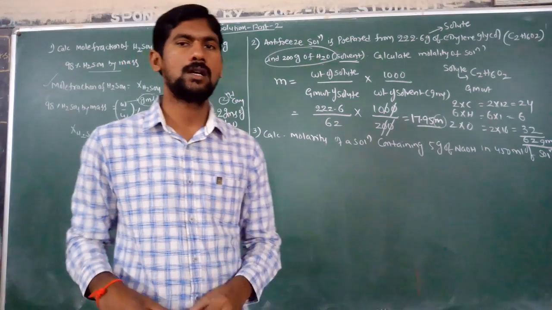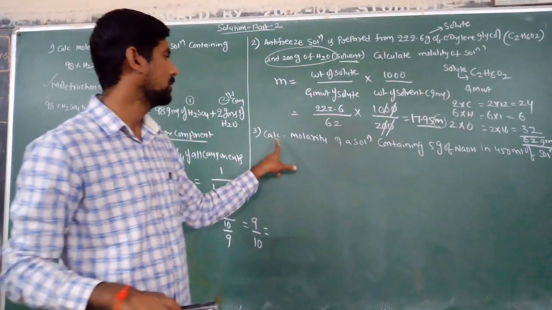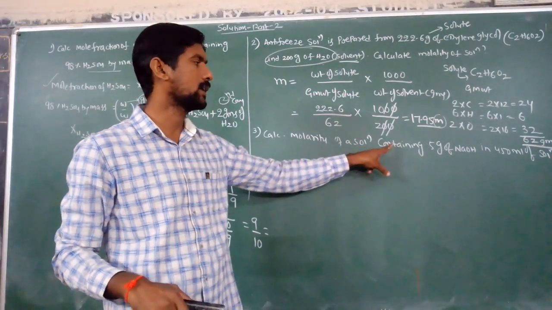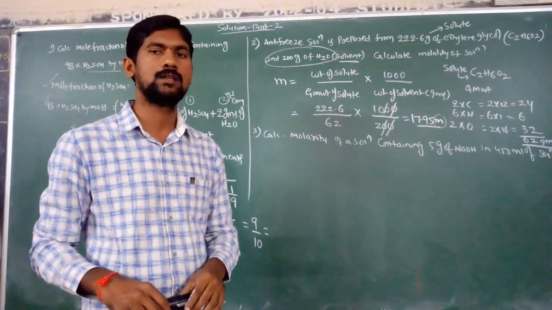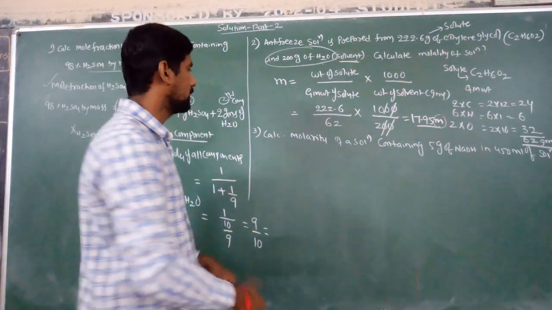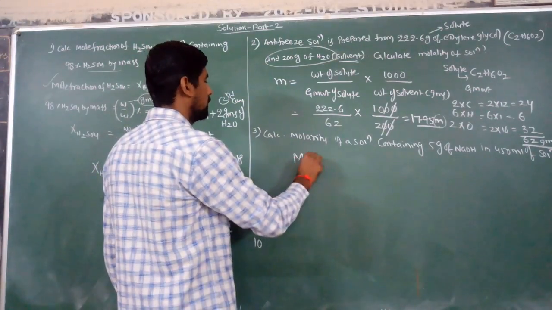Then coming to the third problem: calculate the molarity of a solution containing 5 gram of NaOH in 450 ml of solution. You have to find out molarity.